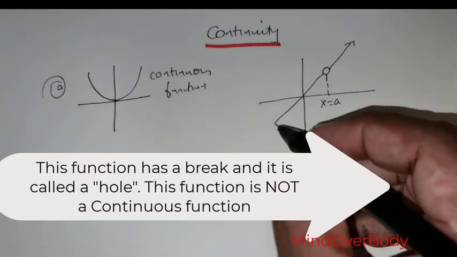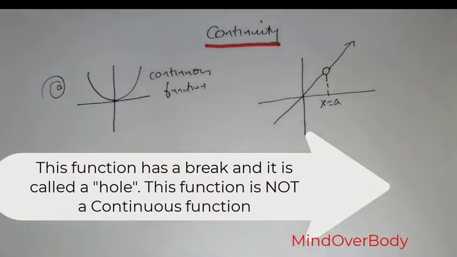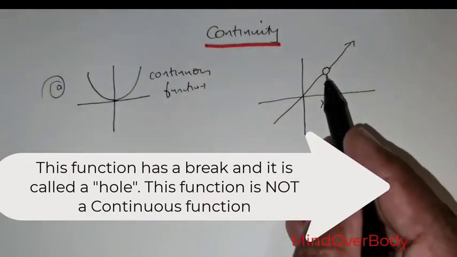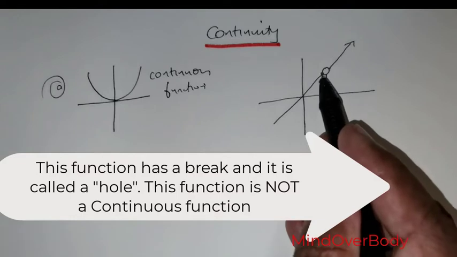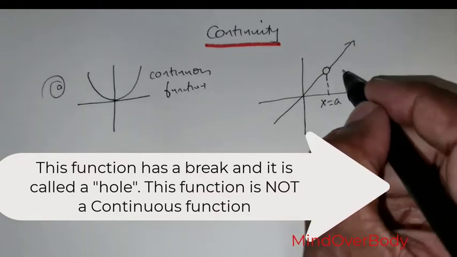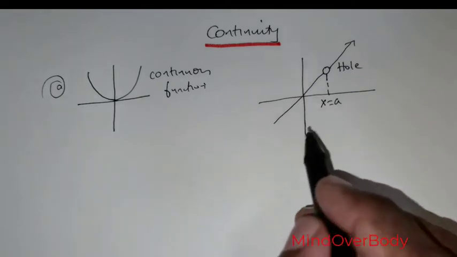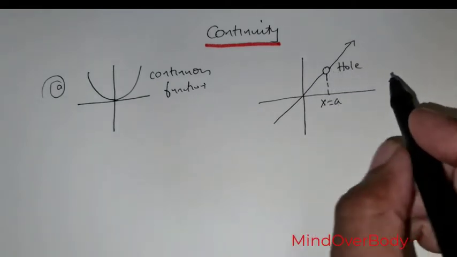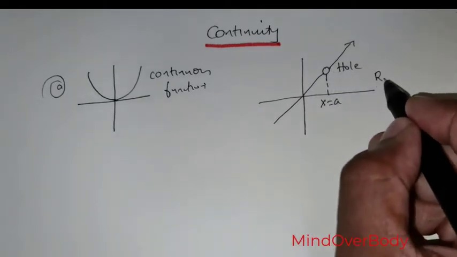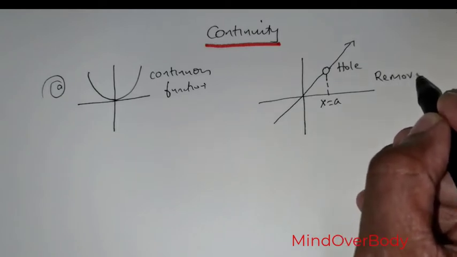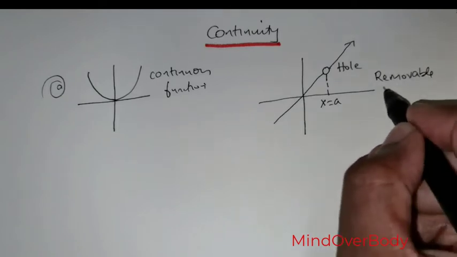In other words, this function is not completely continuous because of the presence of this, what is called as a hole. Now whenever you have a hole, this falls into a special category, what is called as removable discontinuity.